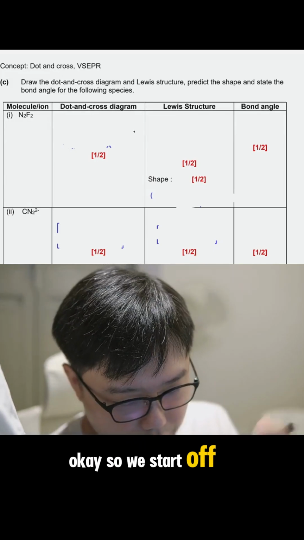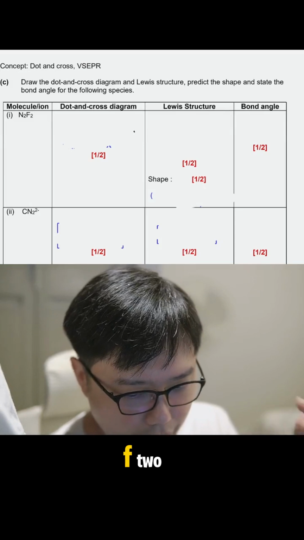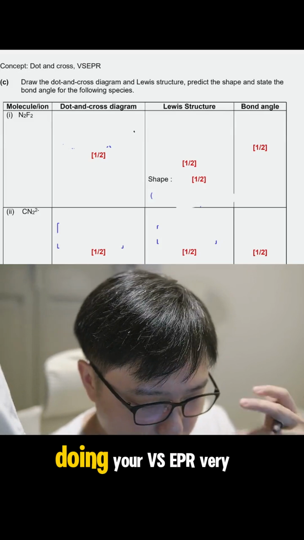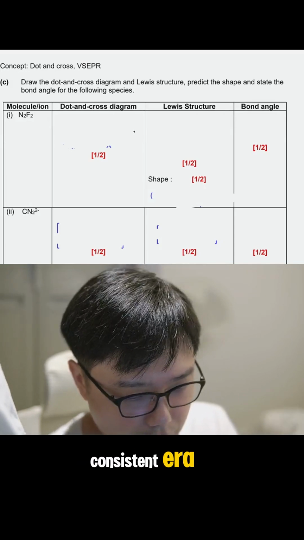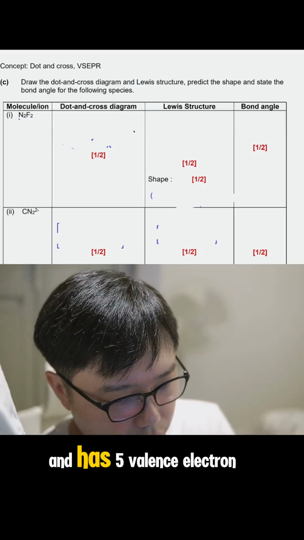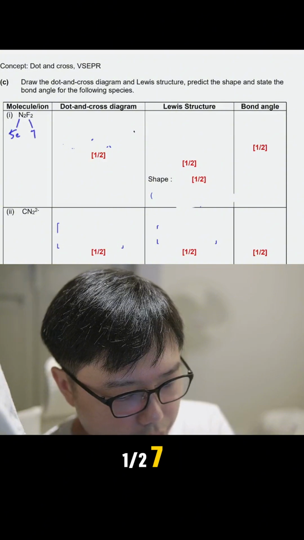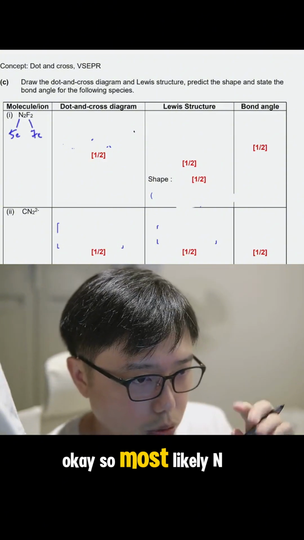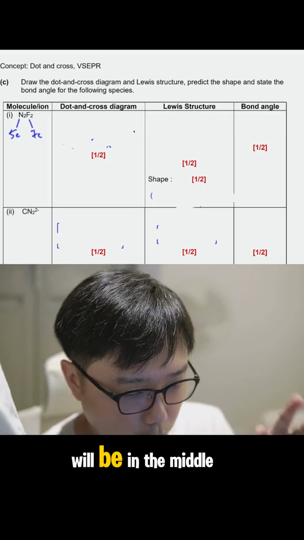Okay, so we start off with this molecule N2F2. If you have been doing your VSEPR very consistently, you'll realize straight off the bat, very quickly, N has 5 valence electrons, F has 7. So most likely N will be in the middle.